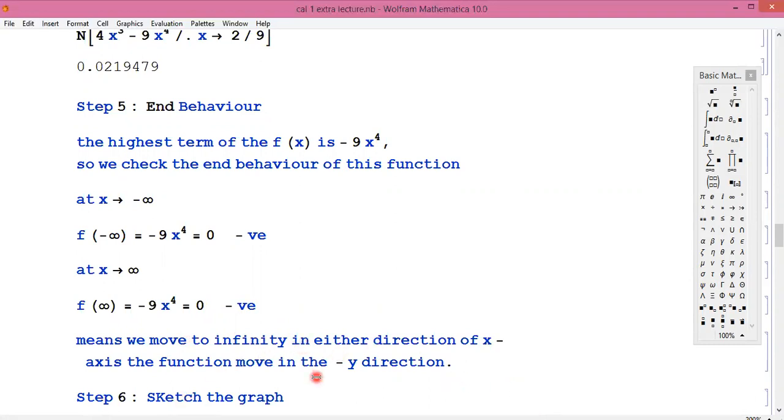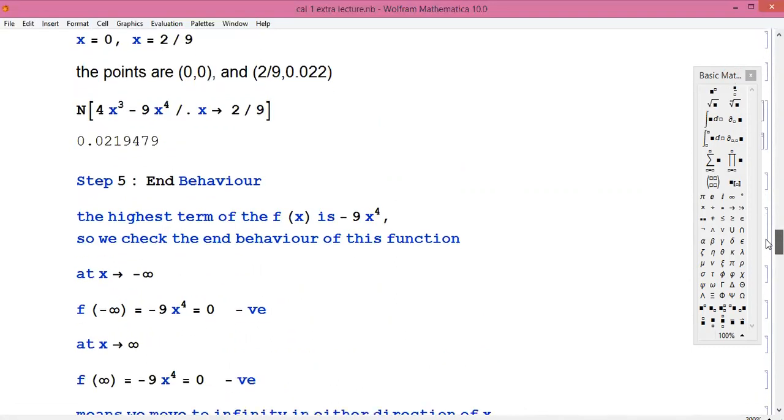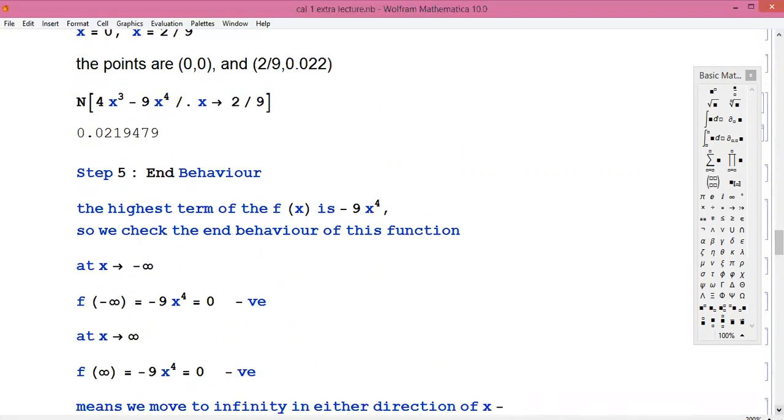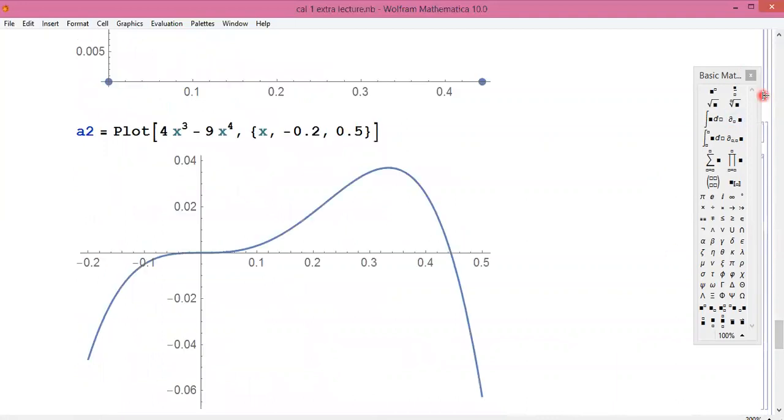Okay, last point is to sketch the graph. Last time you were told that you have to plot each and every point on your sketch. So you can see I have this graph, these points plotted over here.